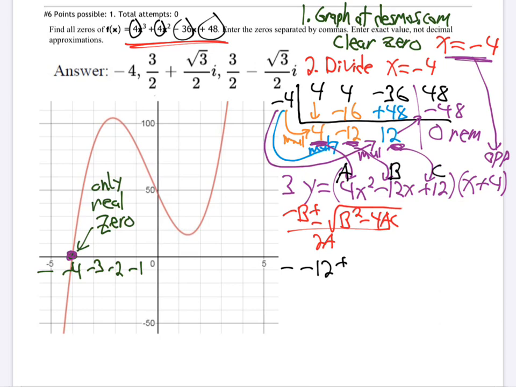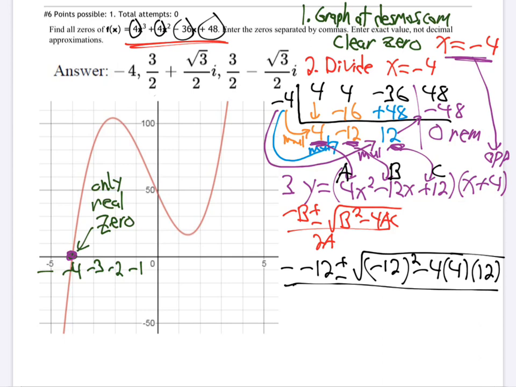Negative, negative 12, negative b plus or minus the square root of b squared minus 4 times a times c all over 2a. Okay. Simplify two negatives. You know the deal.